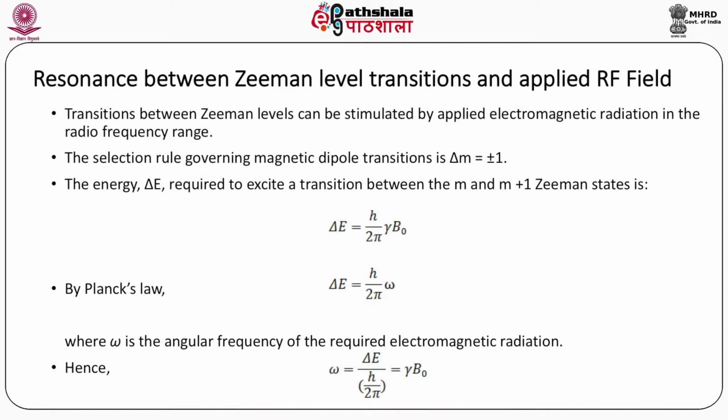The energy delta E required to excite a transition between m and m plus 1 Zeeman state is delta E is equal to h by 2 pi gamma B0, and by Planck's law delta E is equal to h by 2 pi omega, where omega is the angular frequency of the required electromagnetic radiation. Hence, omega is equal to delta E divided by h cross is equal to gamma B0, or omega is equal to gamma B0. This equation is the famous Larmor equation.